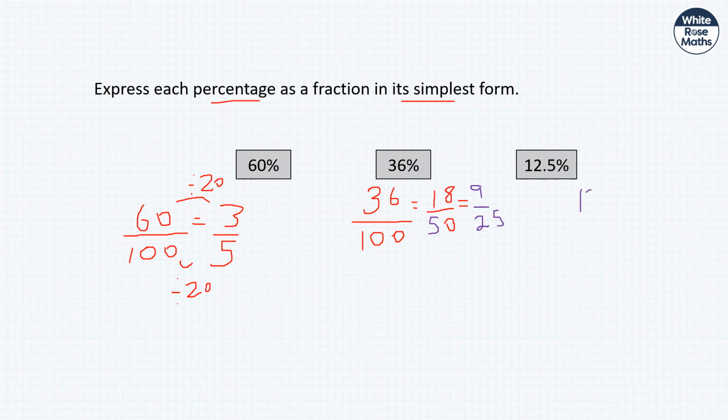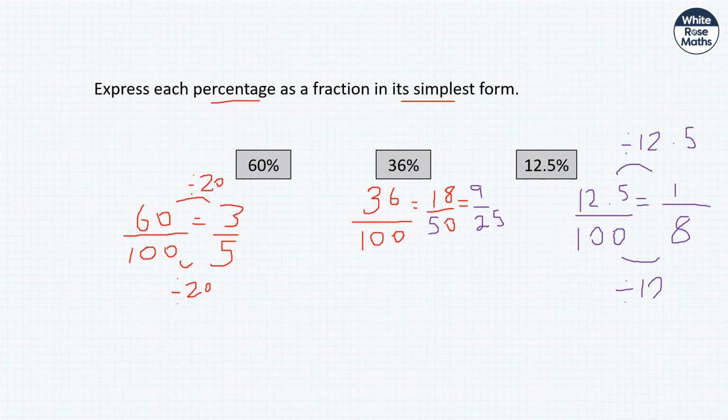12.5%, that'd be 12.5 out of 100. Now this one here is a bit more tricky because it's not as obvious. This actually simplifies to 1/8. If I divide top and bottom by 12.5, I get the answer of 1/8. So that one is not as immediately obvious.